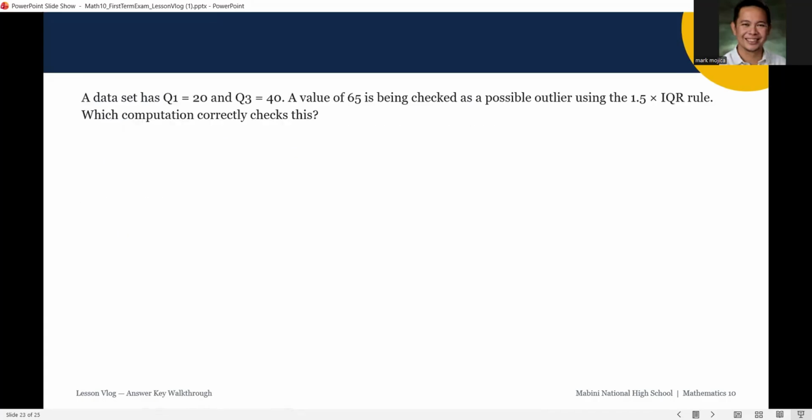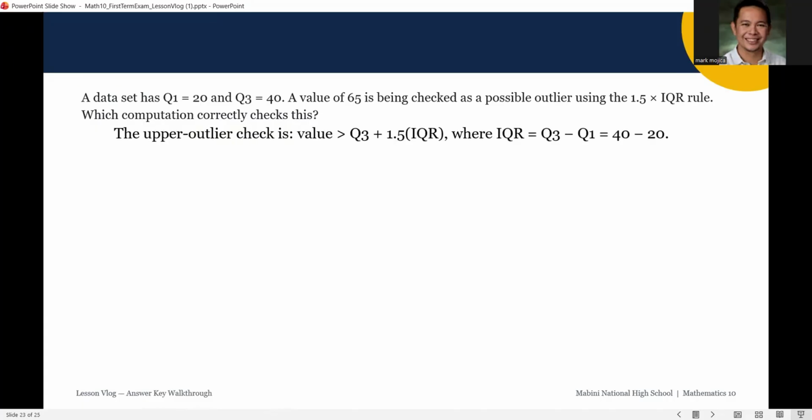Next, a data set has quartile 1 of 80 and a quartile 3 of 40. A value of 65 is being checked as a possible outlier using the 1.5 multiplied by IQR rule. Which computation correctly checks this? So ano bang computation yan? Notice ang value is 65, ang quartile 3 natin is 40, ang quartile 1 is our lower fence, okay?